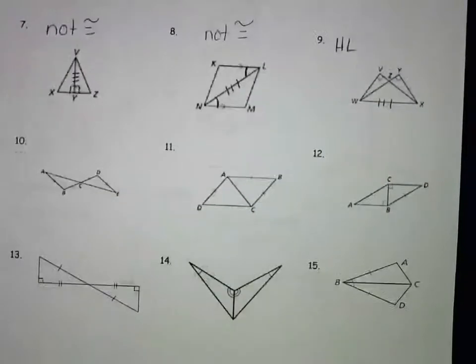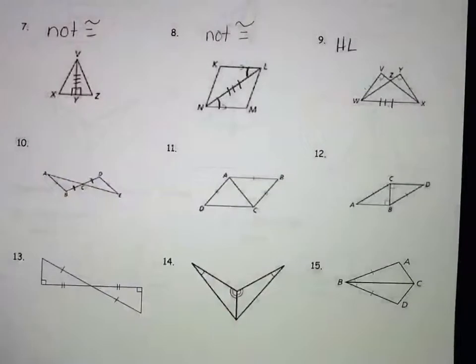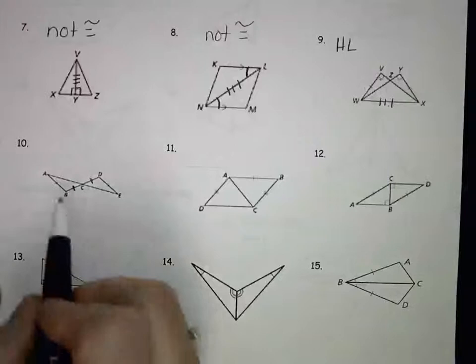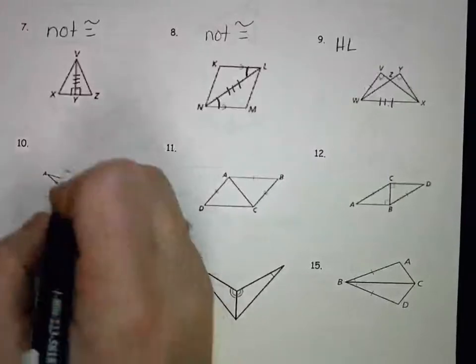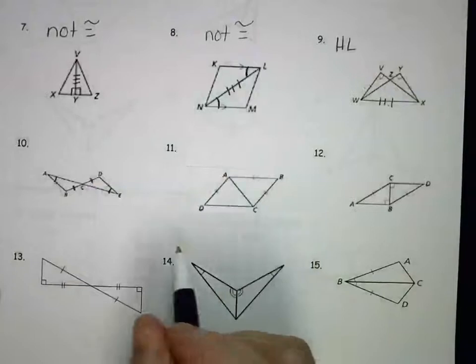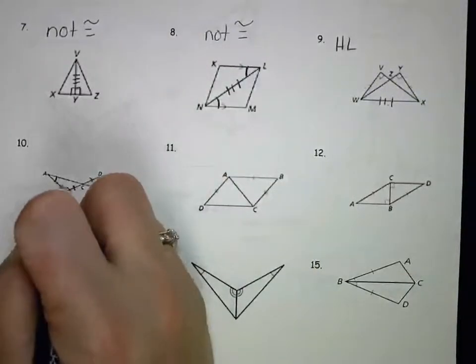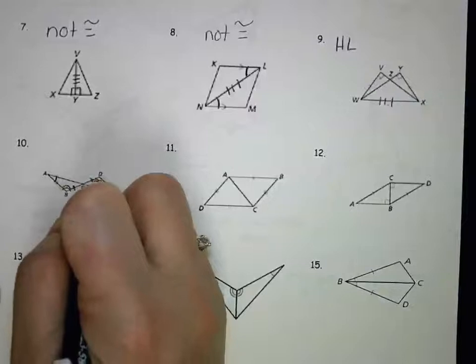Number 10, we're given that those are congruent. And this one we can do a couple different ways. Since we have these parallel lines, you could say that those are congruent. And since we have the parallel lines, you could also say that those are congruent.